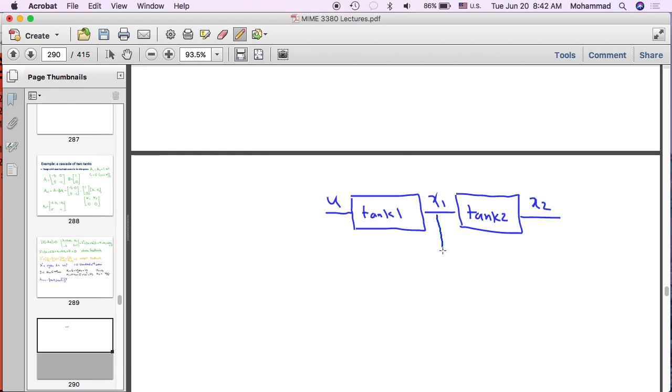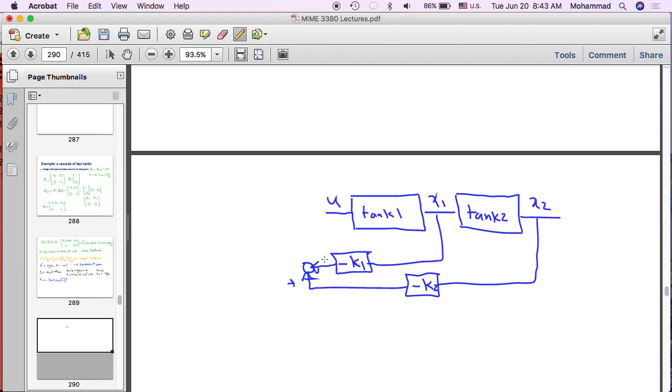So we are going to feed back both x1 and x2, multiply this by negative k2, and multiply this by negative k1, and bring these two together in a summation block.